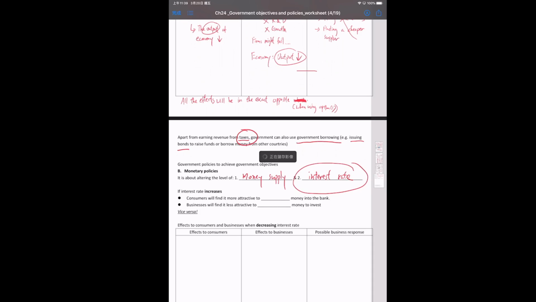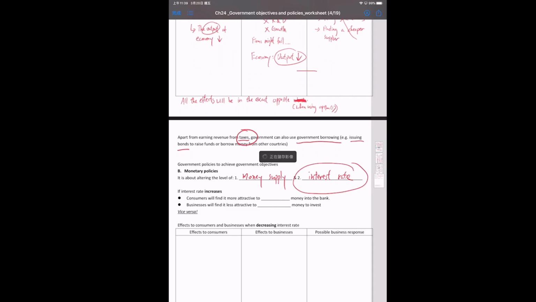But very simply, you can just imagine this: when there is more money supply, there will be more money in the society, so people are more able to spend on goods and services. If you increase the money supply, the economy should be getting better. This is all you have to know.